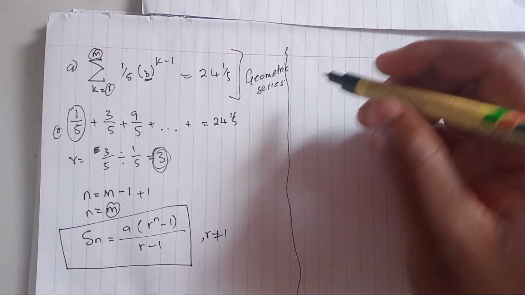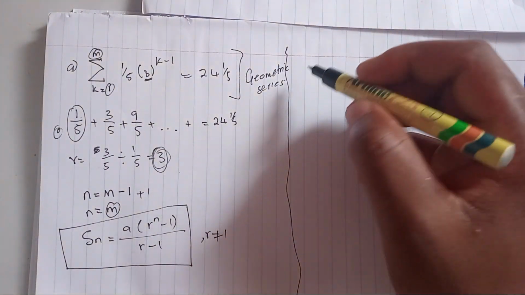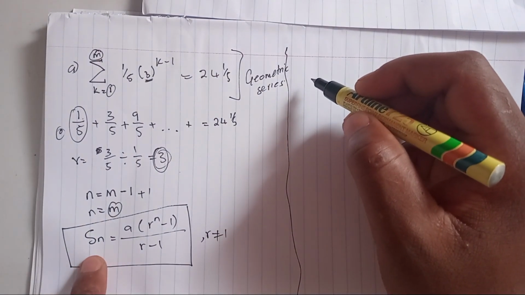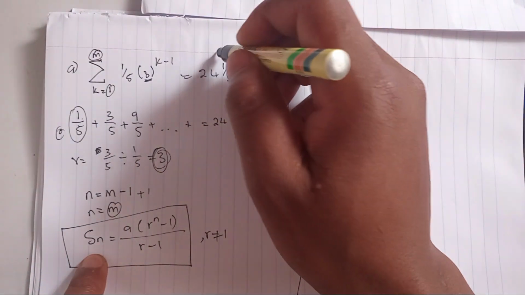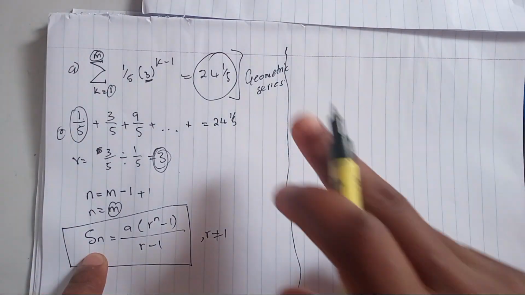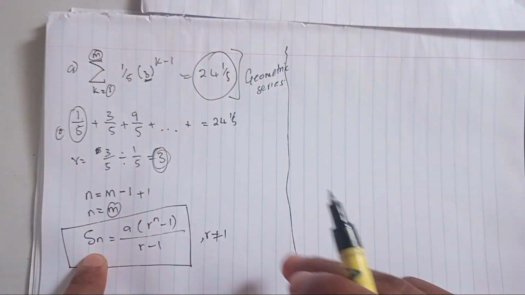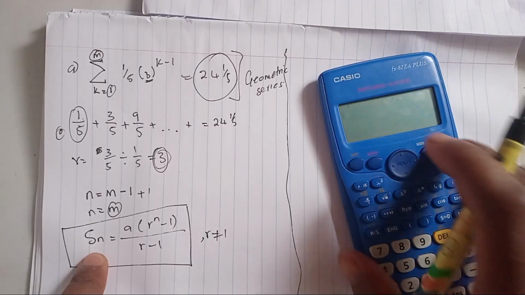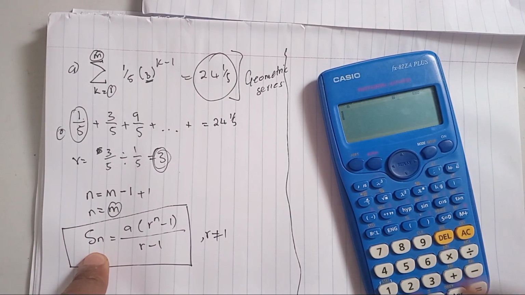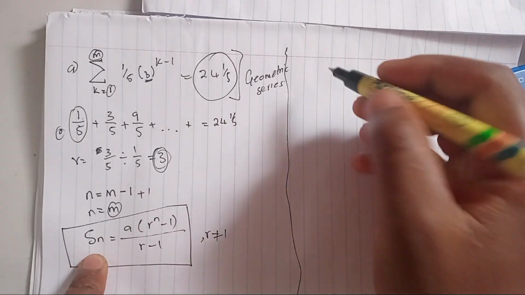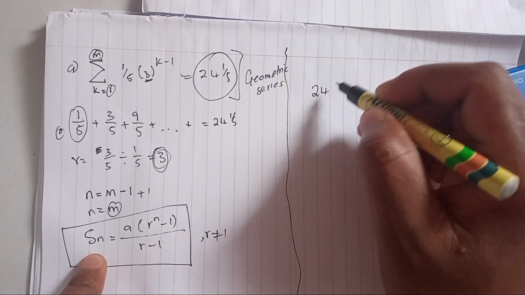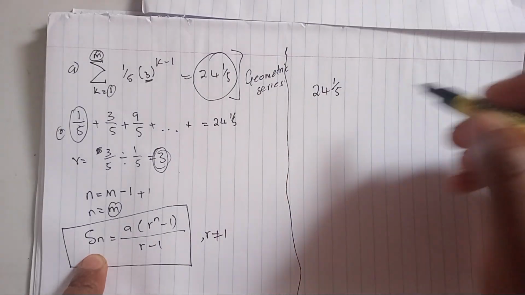So now we continue with the problem. Where we see Sn, the sum, we already have the sum in this case. Our sum is 24 1 over 5. So guys, how do we convert this into a single fraction? Let's substitute first.